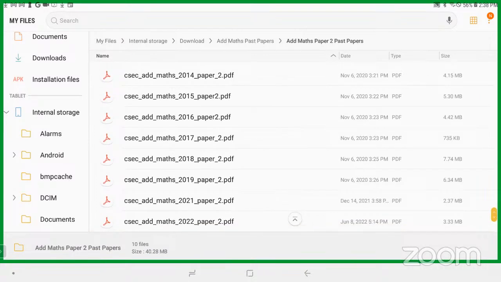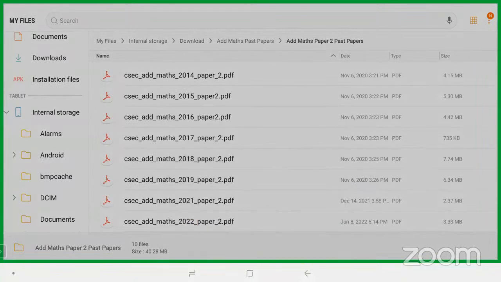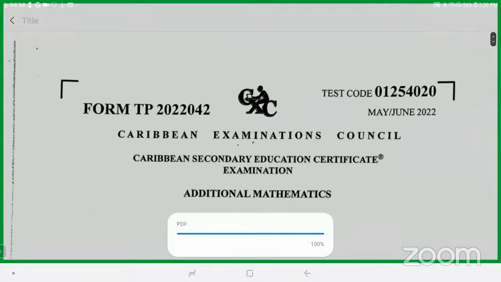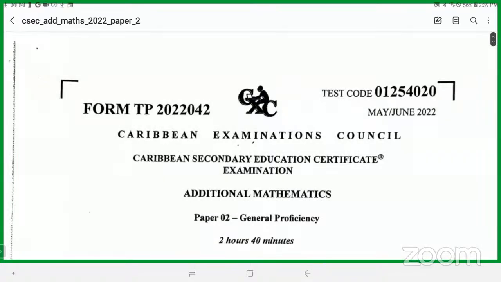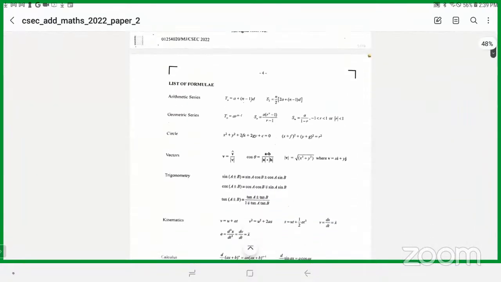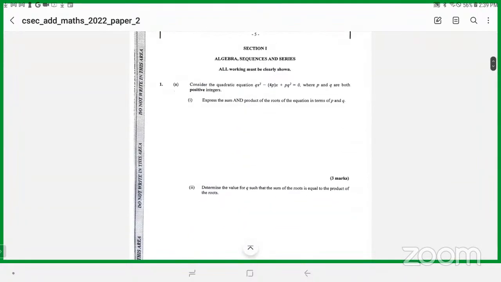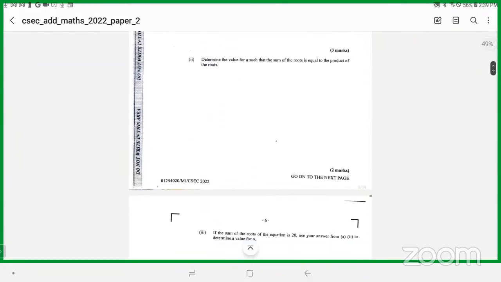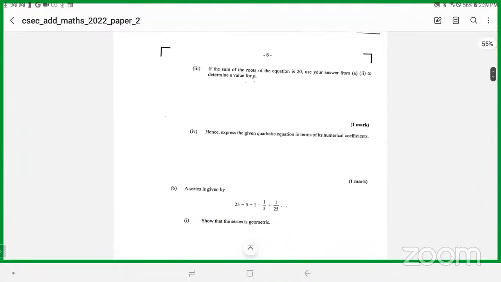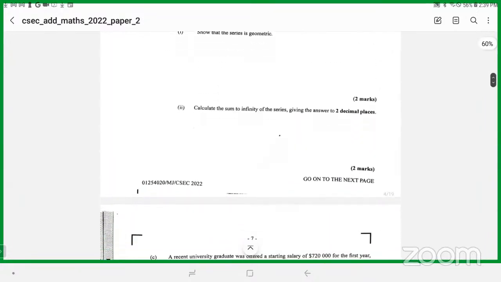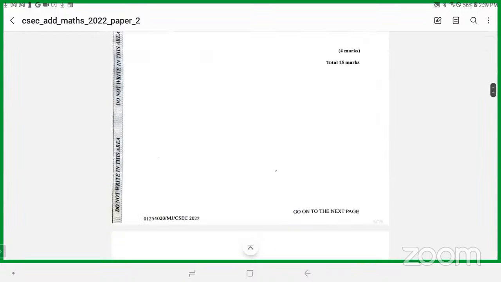Let's start with the most recent paper that I have here, 2022. Standard easy ones, you know. Let's see, surds, logs, and indices, if there are any here.